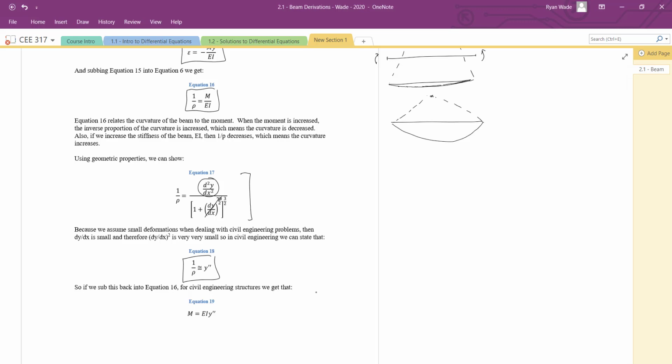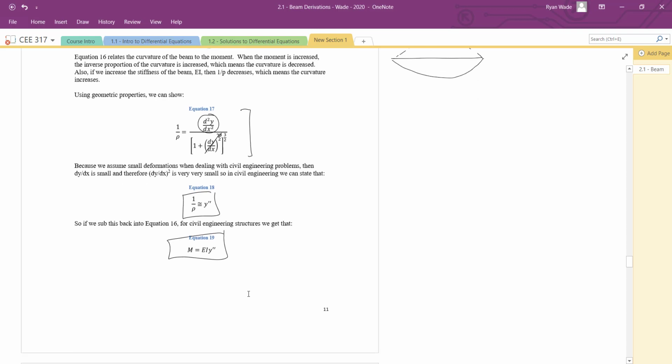We sub that back into equation 16, this one up here, where 1 over rho is equal to y double prime. Then we get that fundamental equation that we talked about at the beginning. So all we did here was go through a really long proof that the moment is the second derivative of the deformation times the stiffness.